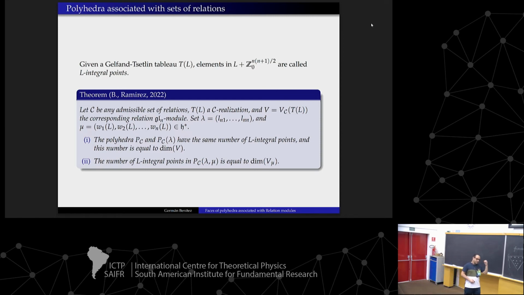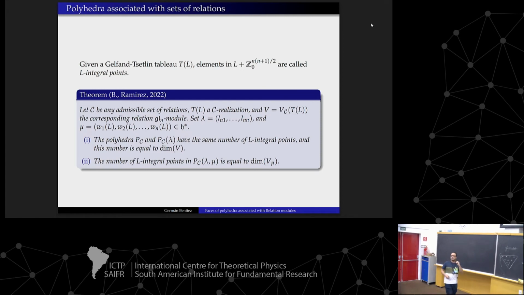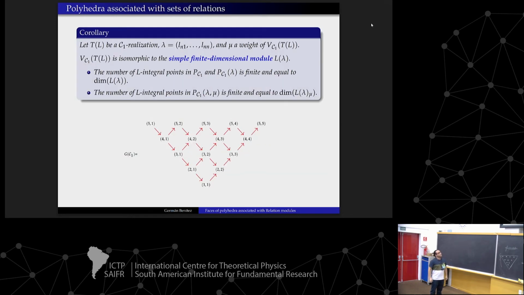When we consider the particular case of the set of relations C1, we obtain as a corollary the result of Gelfand-Zetlin of 1985, I think, because this relation module is isomorphic to the simple finite dimensional module for GL_n.